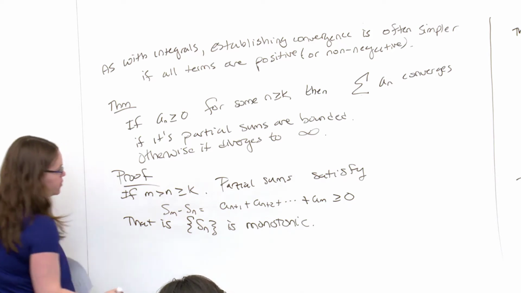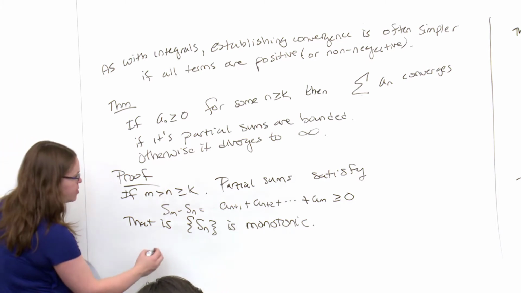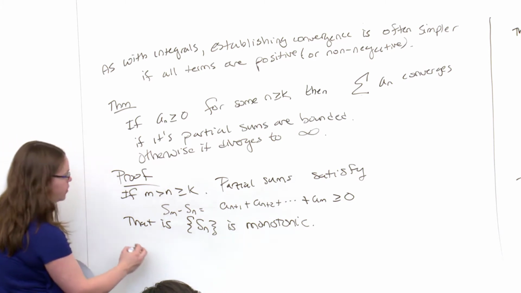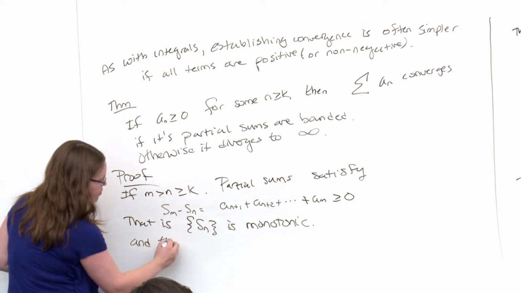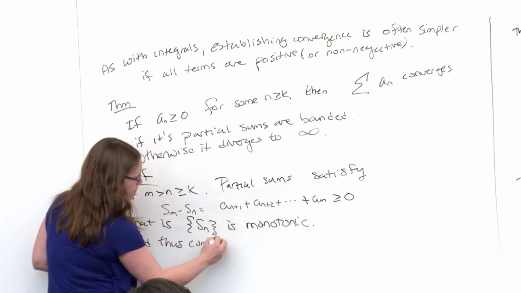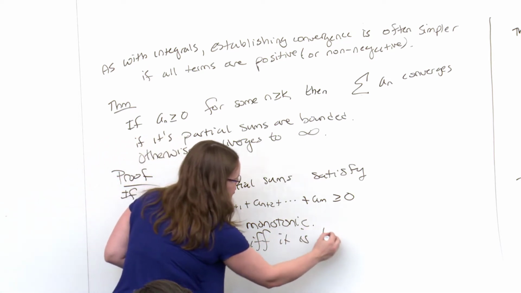So the partial sums converge if and only if they're bounded. So S_n is a monotonic sequence, and thus converges if and only if it is bounded.